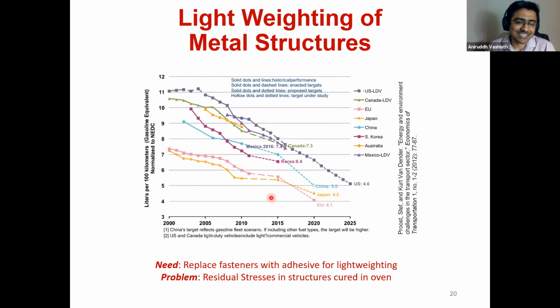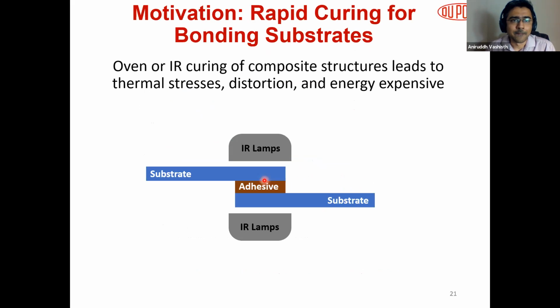So basically what you want is to lightweight your structure as much as possible. The way you can do that is by using adhesives instead of fasteners. But if you use adhesives, there are additional challenges. You might have weird coefficient of thermal expansion mismatches, residual stresses. So that was the problem that we had at hand.